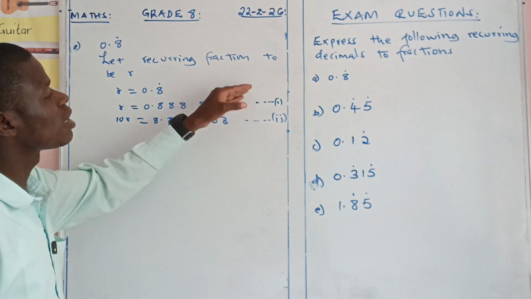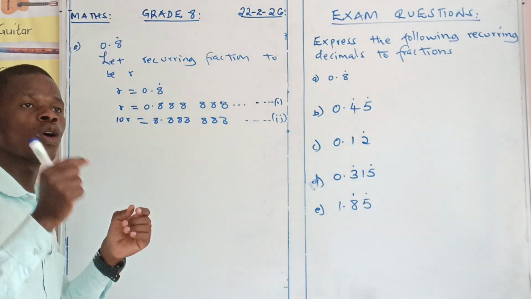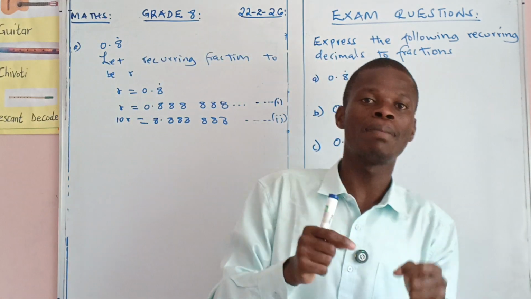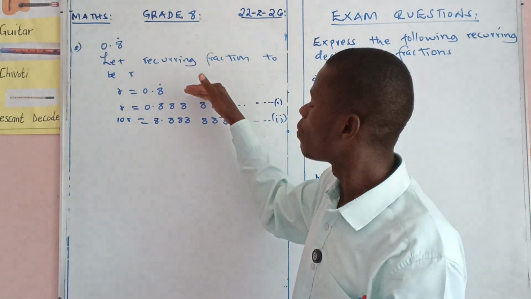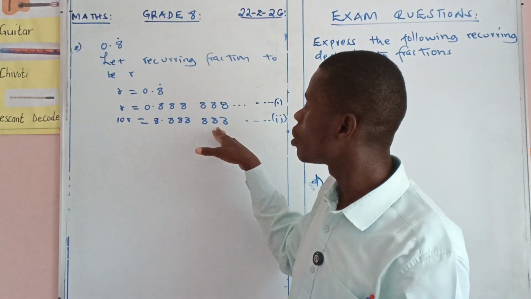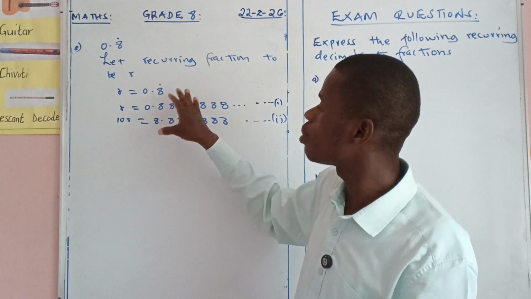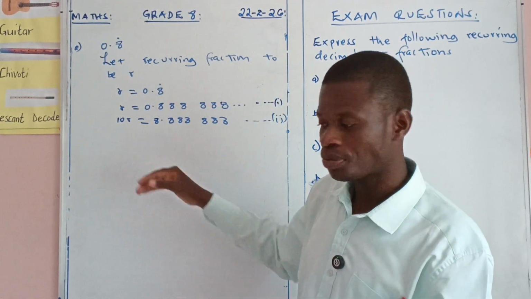Sometimes we get it at the third or fourth equation. After multiplying each time by 10, you have to confirm. If it is not giving us 0 on the right-hand side, we continue.